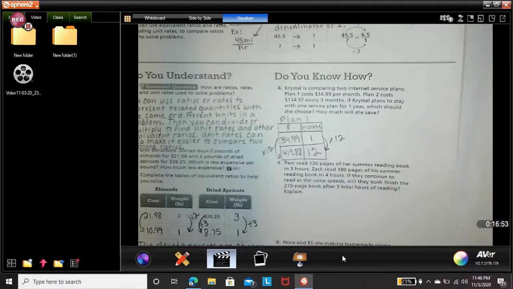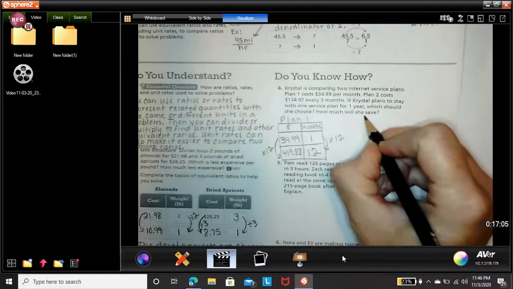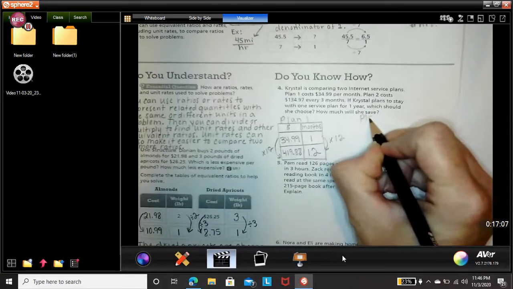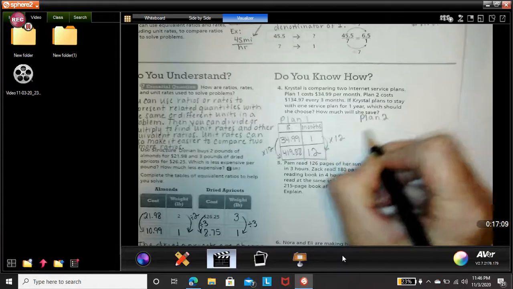The cost for this plan for 12 months for the entire year would be $419.88. Let's go ahead and compare that to Plan 2.